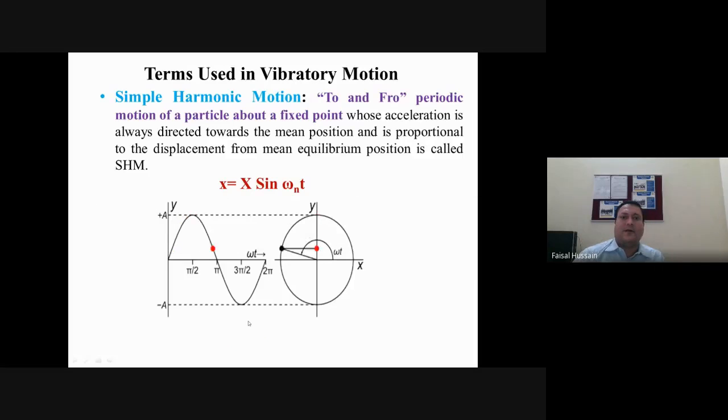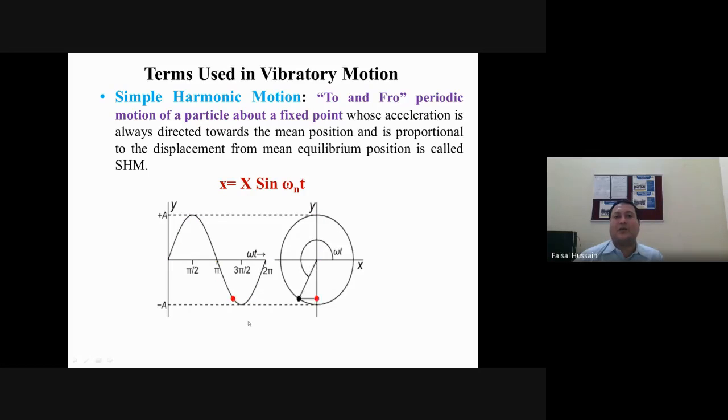Now the most important term in vibratory motion is the simple harmonic motion, because with the help of simple harmonic motion, each and every frequency equation, natural frequency equation is derived. It is a very important equation.